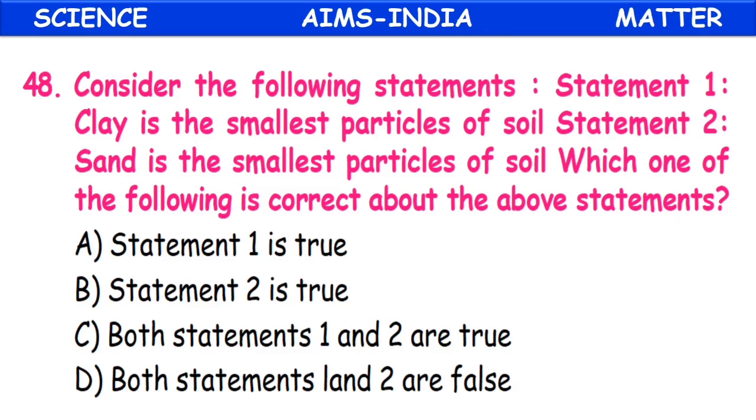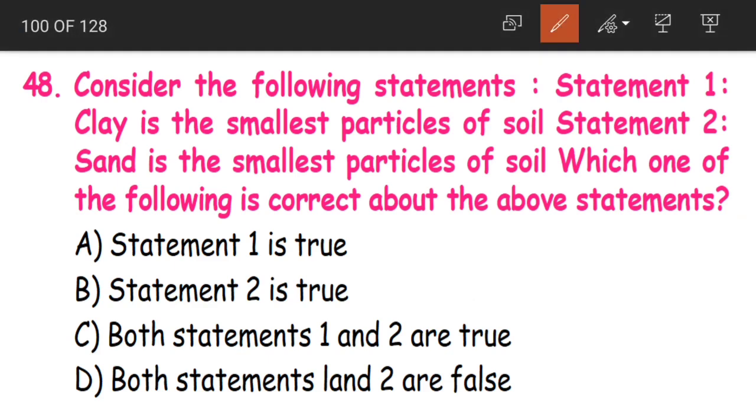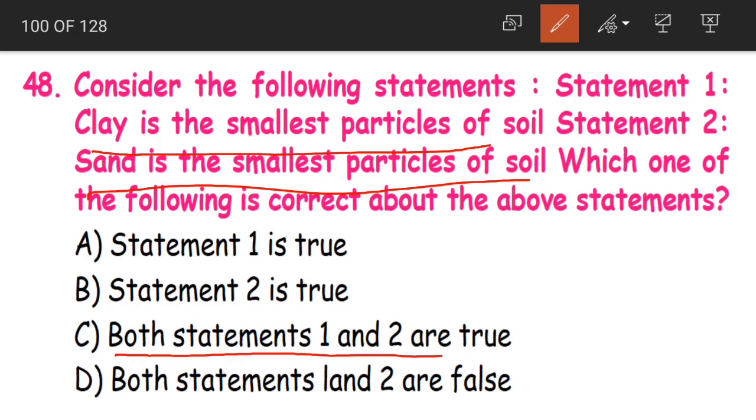And statement 2 is sand is the smallest particle of soil. So which one of the following is correct about both the above statements? See, children, here clay and sand both are the smallest particles of soil. So that is why both statements 1 and 2 are.